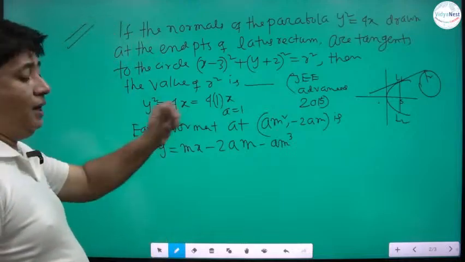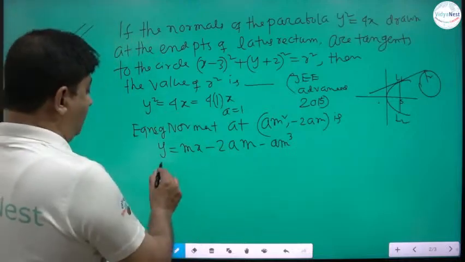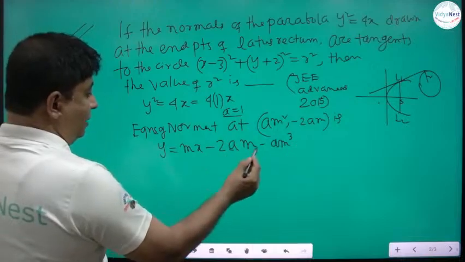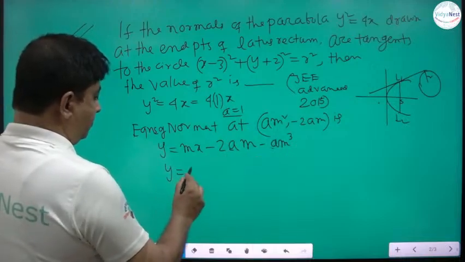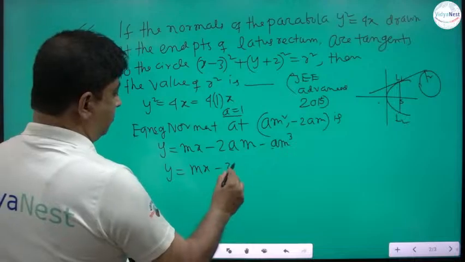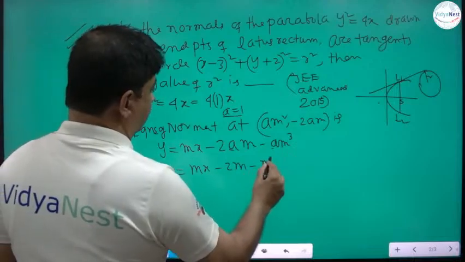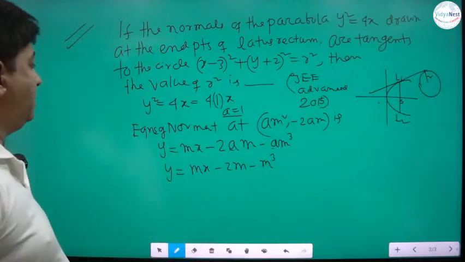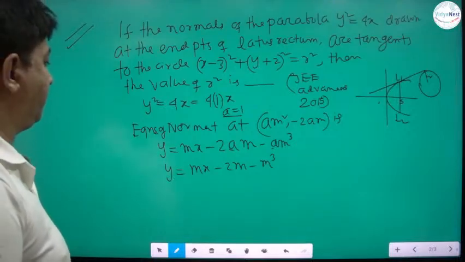Now what is a? We have got 1. A is 1. Place it here. This is the equation of the normals.